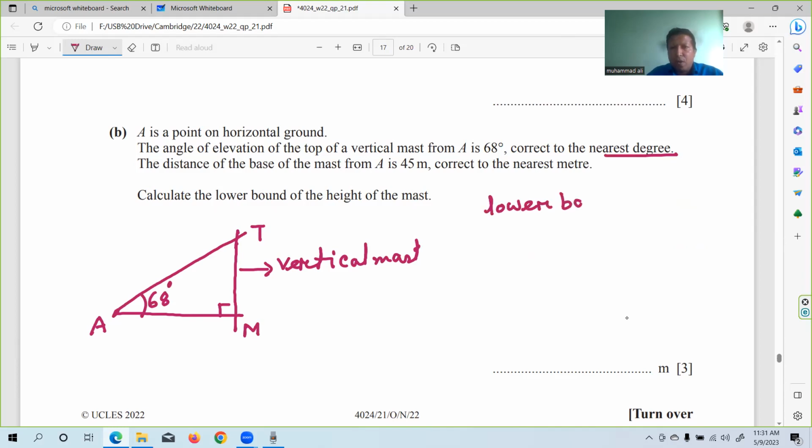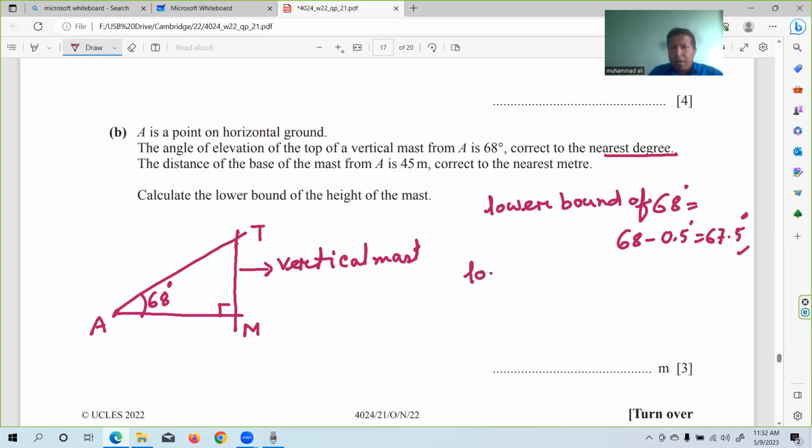Lower bound of 68 degrees means 68 minus 0.5 degrees, that means 67.5 degrees. As it is nearest degree, we have to subtract 0.5 degrees from 68. This is the lower bound.